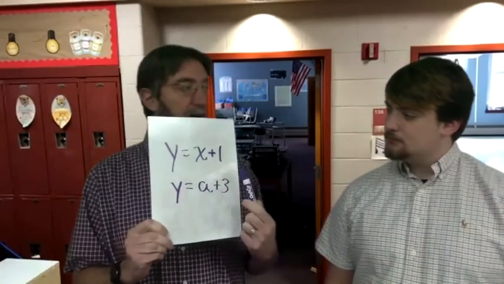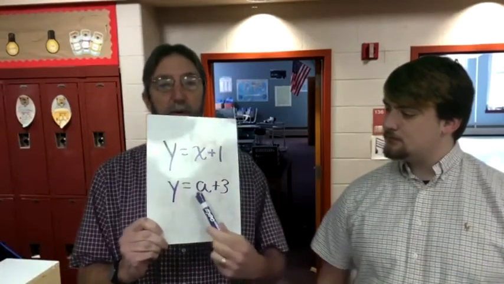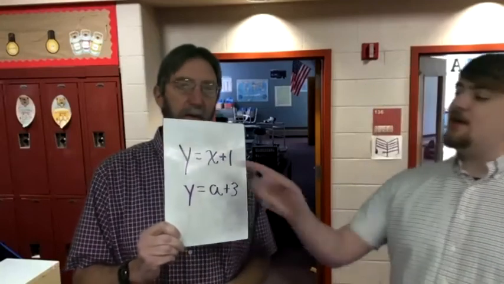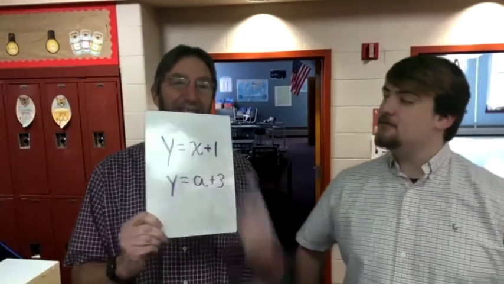All right, using that same logic, let's give you a little bit tougher one. If we know that y is equal to x plus 1 and y is equal to a plus 3, what else do we know? Wouldn't that mean that x plus 1 is equal to a plus 3? That's exactly right.